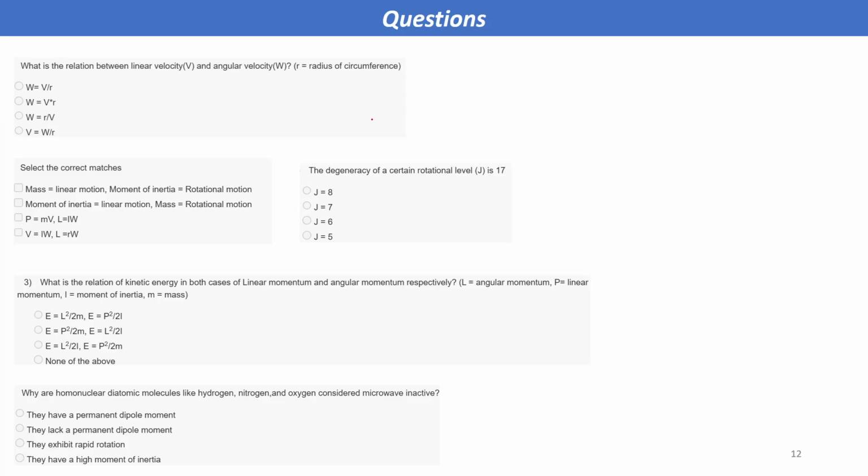We already discussed that angular velocity denoted by ω is equal to v by r. ω is your angular velocity and v is your linear velocity.